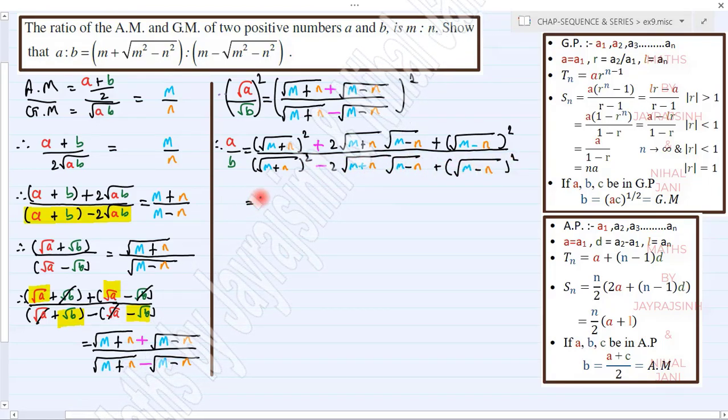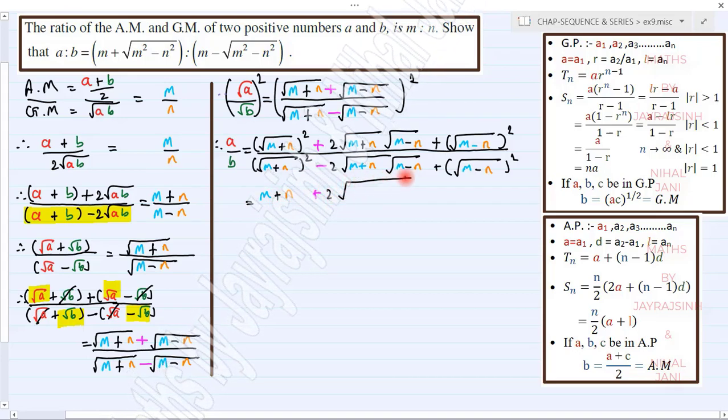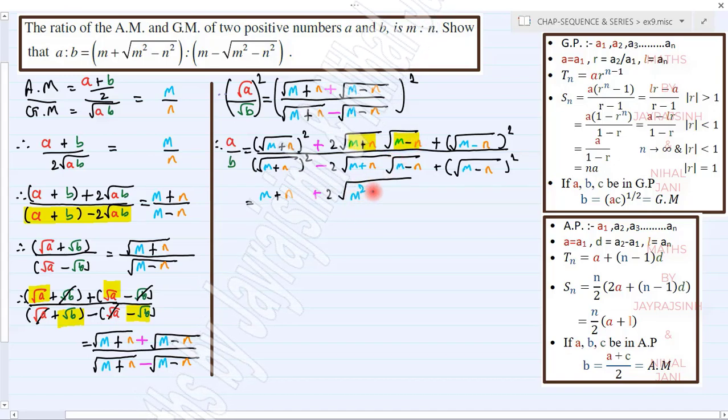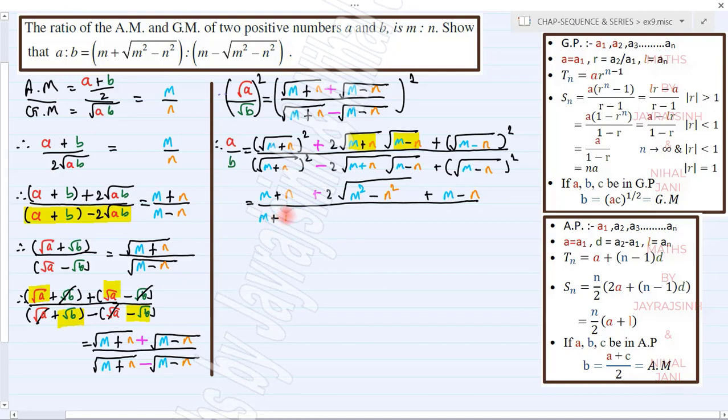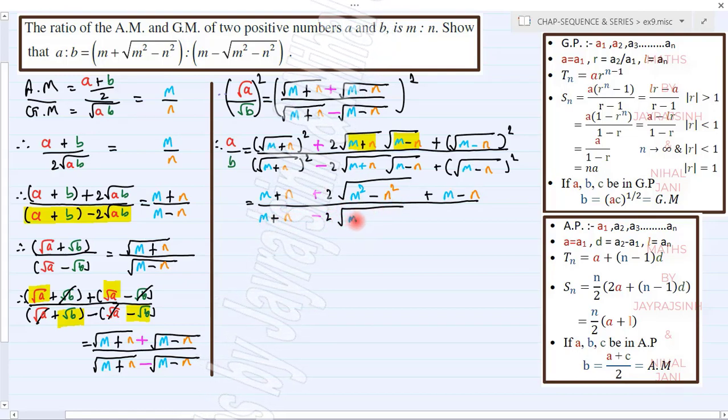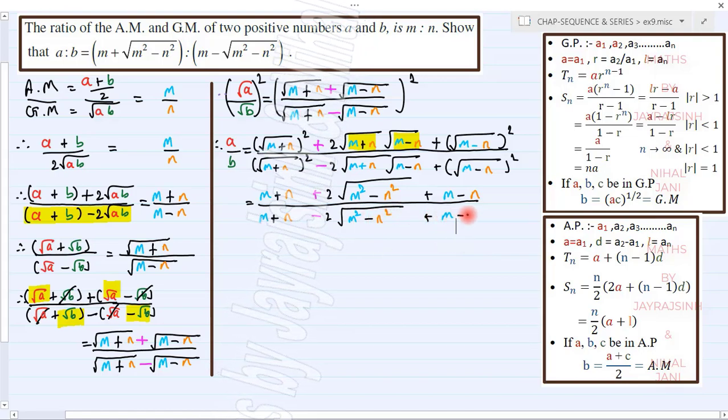So, here we'll get m plus n plus 2 times under root of (m plus n) into (m minus n), or we can say m square minus n square, plus m minus n, and in the denominator we'll get m plus n minus 2 times under root of m square minus n square plus m minus n.